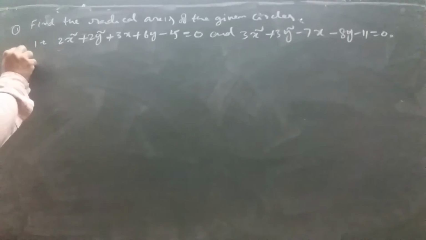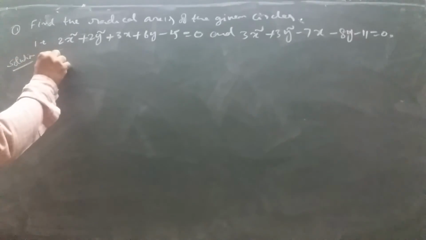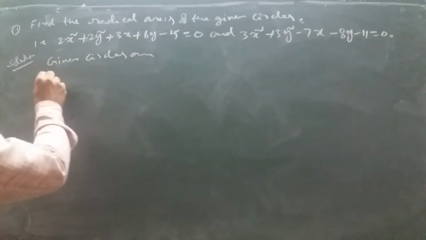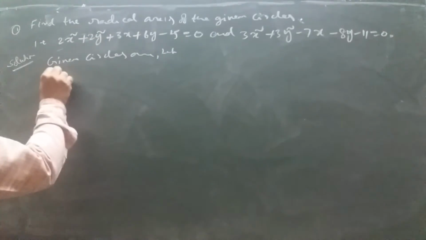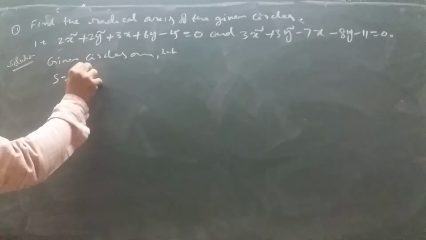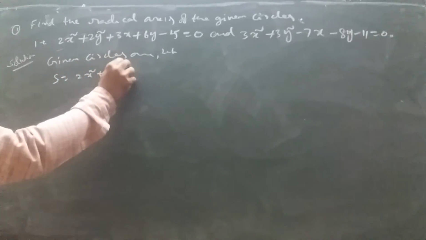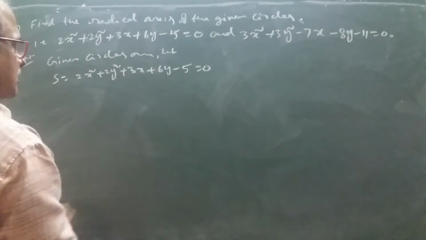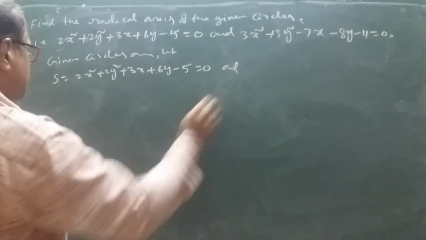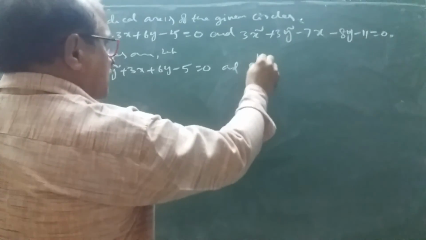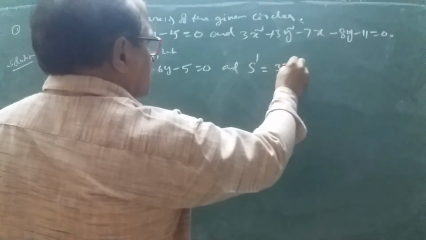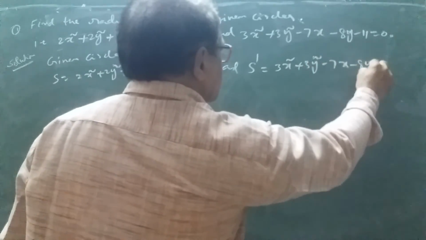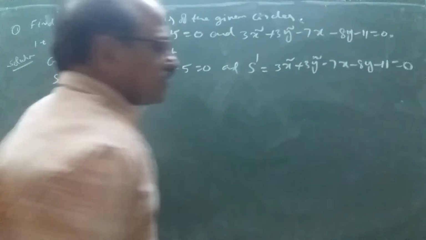Solution: the given circles are, let S is equal to 2x square plus 2y square plus 3x plus 6y minus 5 is equal to 0, and S dash is equal to 3x square plus 3y square minus 7x minus 8y minus 11 is equal to 0.